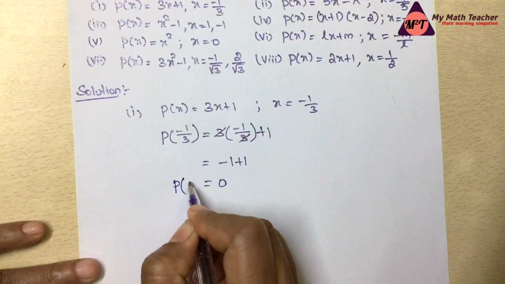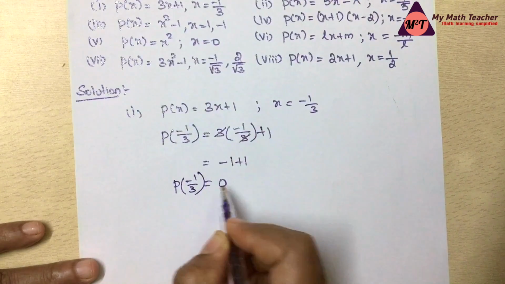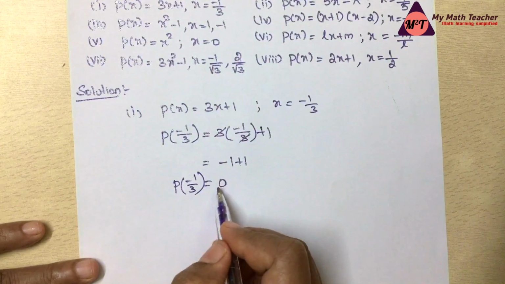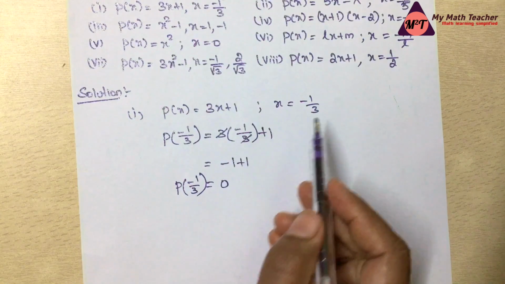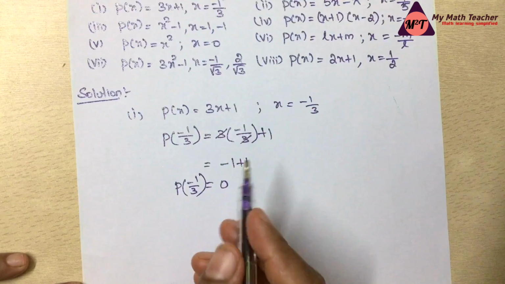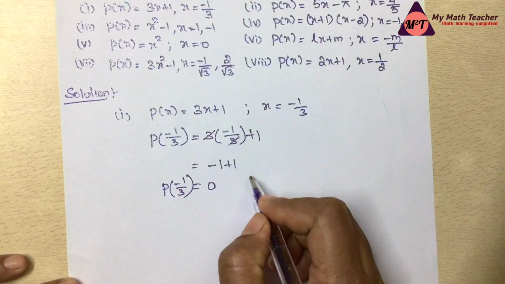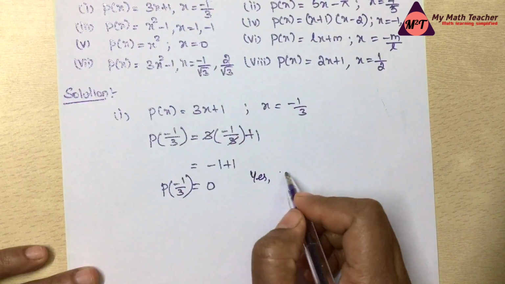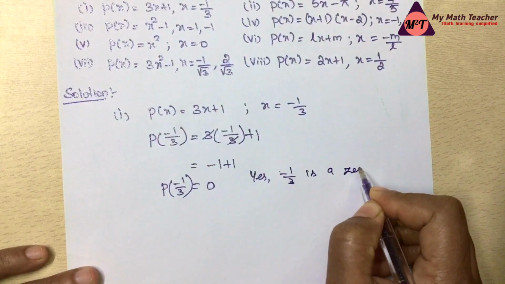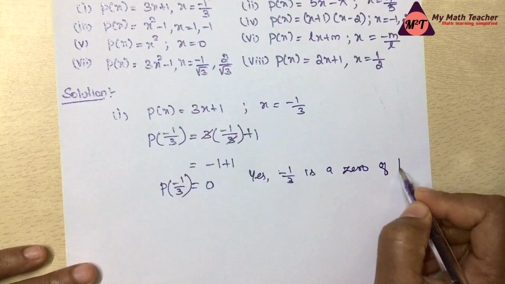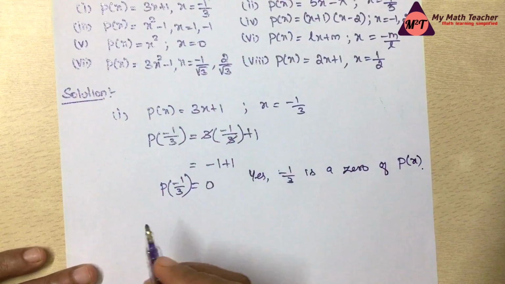That is, p of minus 1 by 3 becomes 0. Now the polynomial becomes 0. Therefore we can definitely say this given value is a zero of the polynomial. So yes, minus 1 by 3 is a zero of the polynomial p of x.